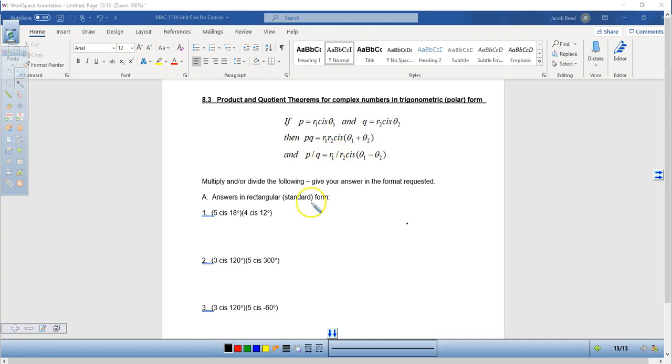Really what we're trying to say is that in the case of number 1, if I have 5 cosine I sine 18, that's P, and 4 cosine I sine 12, that's Q. If I multiply these two together, here's what I'm actually going to do.